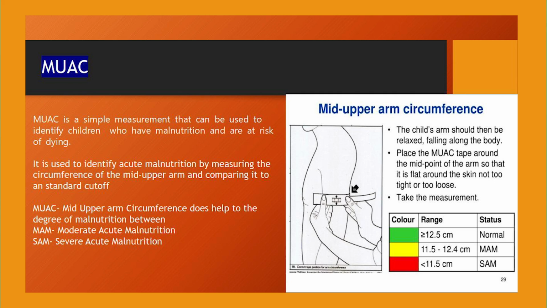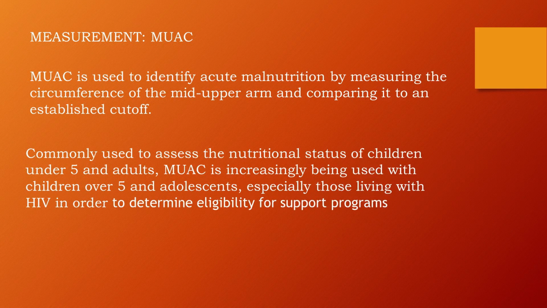It is used to identify acute malnutrition by measuring the circumference of the mid upper arm. This is very important. How can it be done? By taking the measurement of the mid upper arm circumference, and then seeing what the degree of malnutrition is, whether it is mild, moderate or severe, or whether the child has a normal mid upper arm circumference, in which case there is no sign of malnutrition.